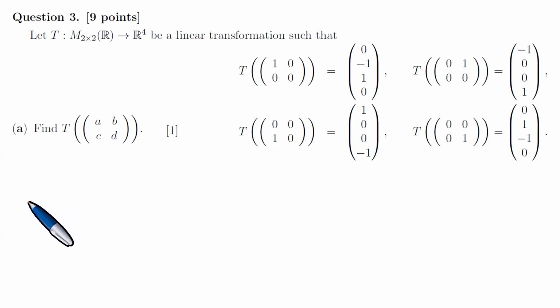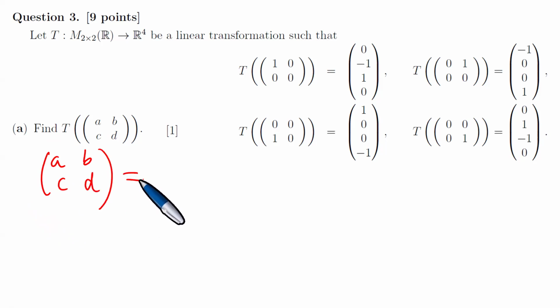We start to solve this question as follows. There are a couple of ways we need to take into account, and one of the ways to solve this particular question is to start by considering the matrix A, B, C, D. And what do we then do? We break it up into a sum of 4 matrices, like so.